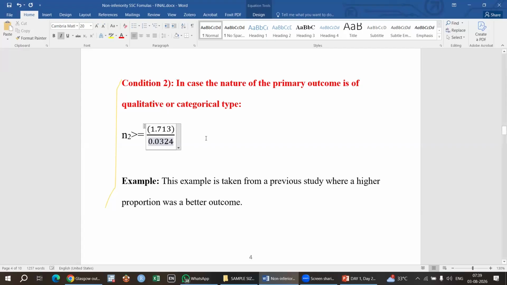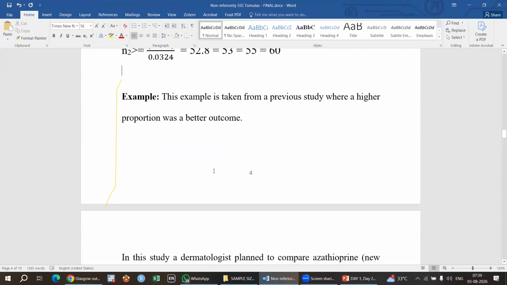Please divide this. 52.8, okay. So we can take 53. Even we can take 55, even we can take 60 in each group. There is no problem. So this is how to calculate sample size.